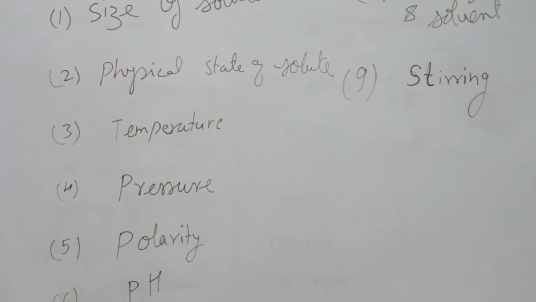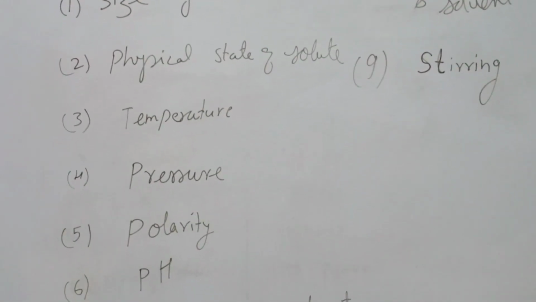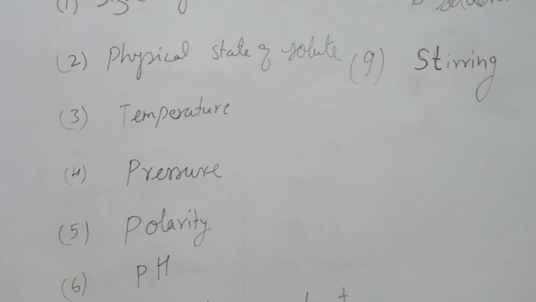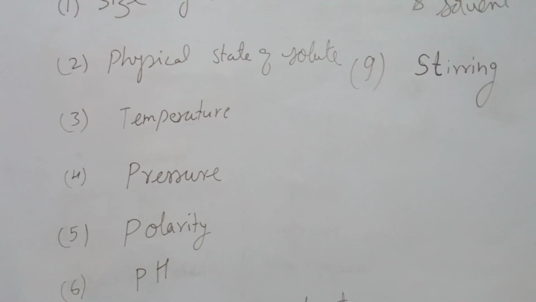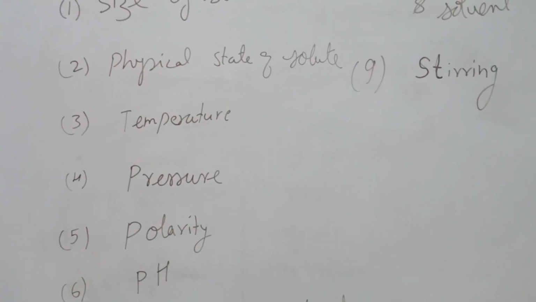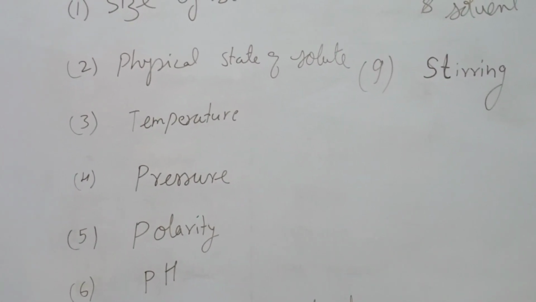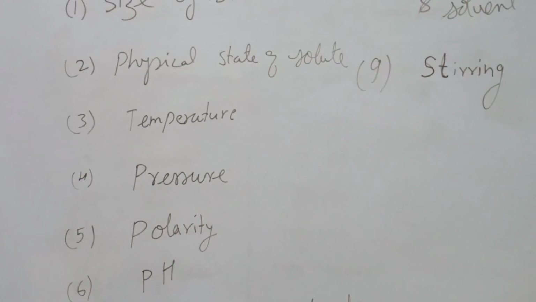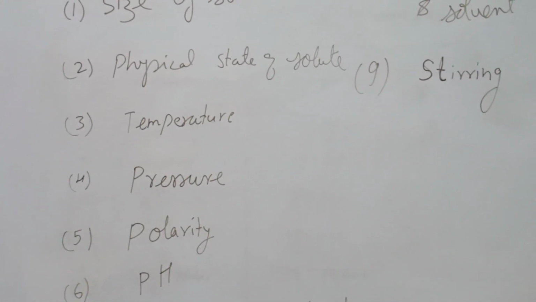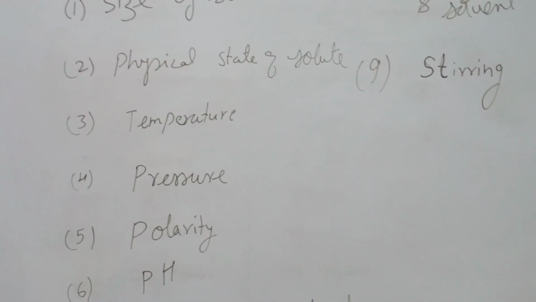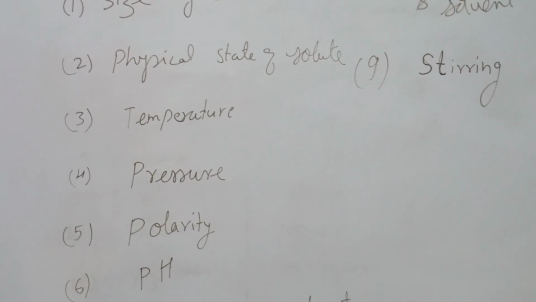Then the pH. So pH also affects the solubility, and how ultimately the pH affects the solubility, I will elaborate this particular concept also, how this pH affects the solubility of a solute in the given solvent.